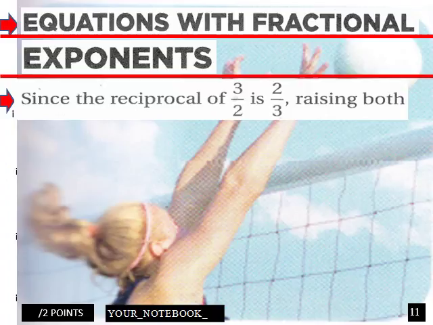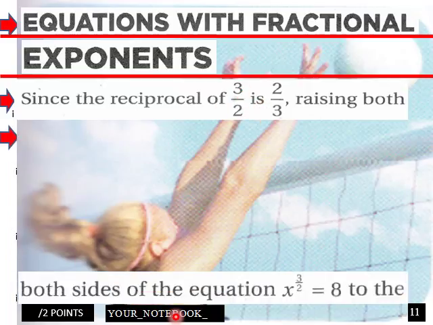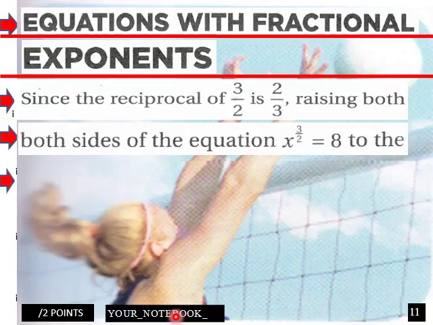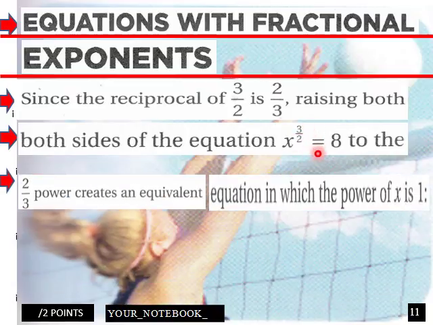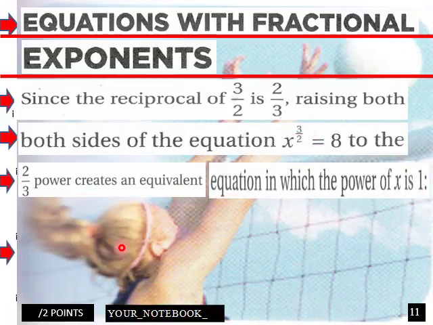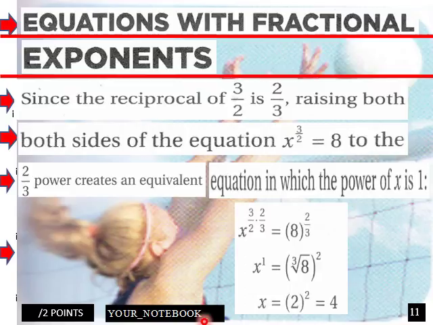Equations with fractional exponents. Since the reciprocal of 3 over 2 is 2 over 3, raising both sides of the equation x to the 3/2 equals 8 to the 2/3 power creates an equivalent equation in which the power of x would be 1. So in this situation, x to the 3/2 times 2/3.